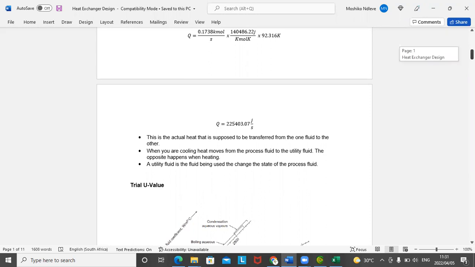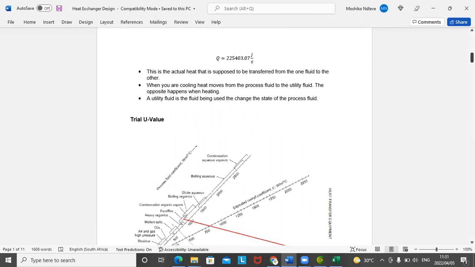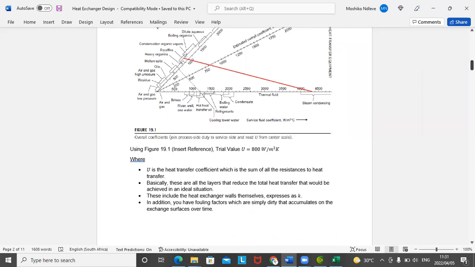And then let's continue. Now, before we get anywhere, the next step that comes after that is estimating the trial U value, which is the overall heat transfer coefficient. Now, let me just take you through a few things about that, right? So the heat transfer coefficient is the sum of all resistances of heat transfer.